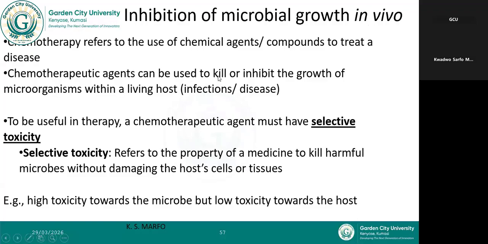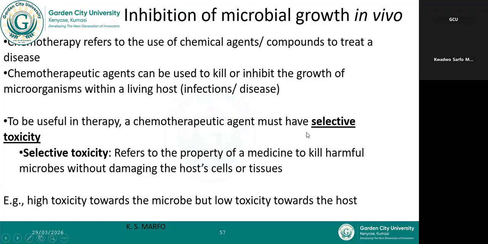So these chemotherapeutic agents kill or inhibit the microorganisms. We are talking about microorganisms because this is microbiology. But in general, chemotherapy is the use of chemicals to treat or to manage conditions or diseases. But we are talking about microbiology, so we limit ourselves to infections and the diseases.